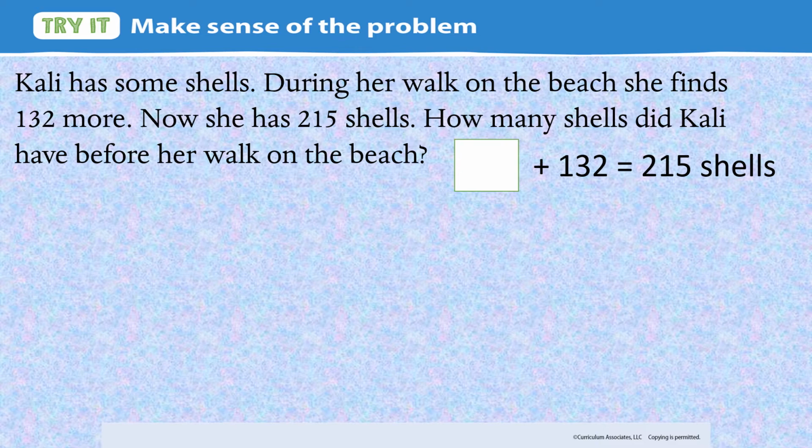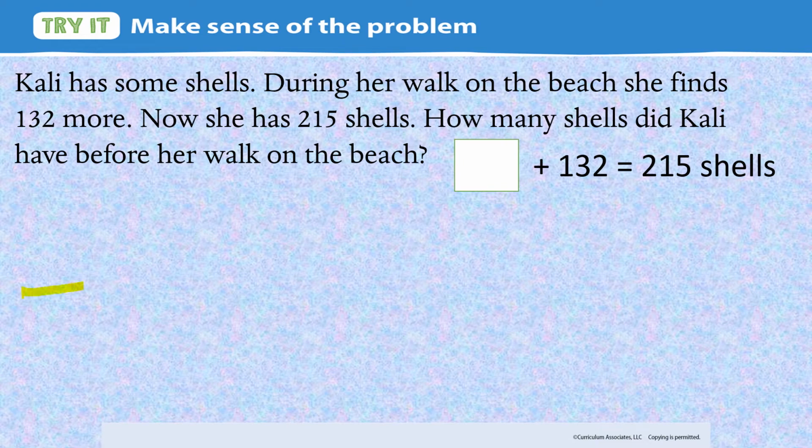Do you think we will count by hundreds? Since I have 132, if I counted on 100, that would be, you're right, 232, and that would be more than the 215 shells that Kaylee collected. So now I know that I will be counting up by tens and ones. Let's see what our number line and your number line might have looked like.